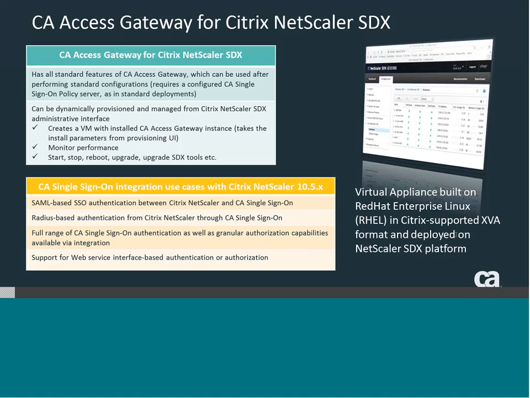And we have got runbooks which detail how these integrations work and how both of these software can be used together. So this is just a reference to our pre-existing integration use cases with Citrix Netscaler, and this is not to be confused as a prerequisite for this software running on the SDX platform. Next slide, Kristen.